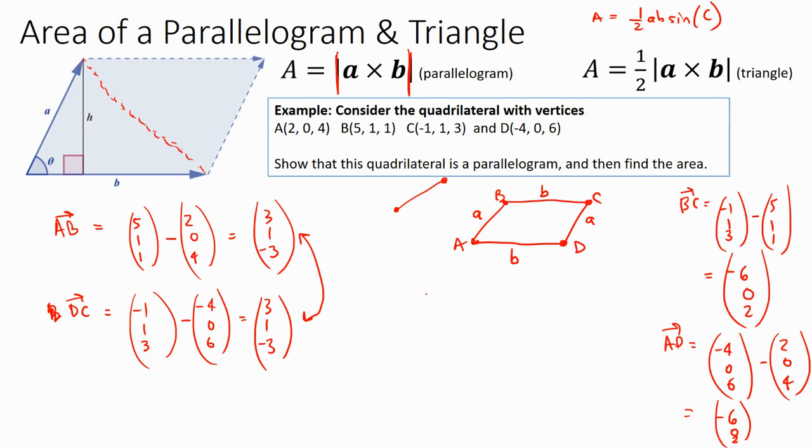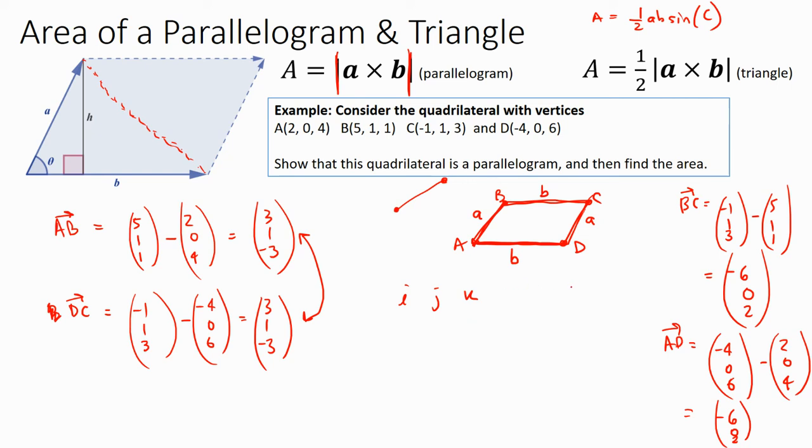Now to find the area, all we have to do is the vector product with i, j, k. And we want to use just the vector AB and AD. Or you could do CD times BC, either way, as long as you're doing just one times another one.